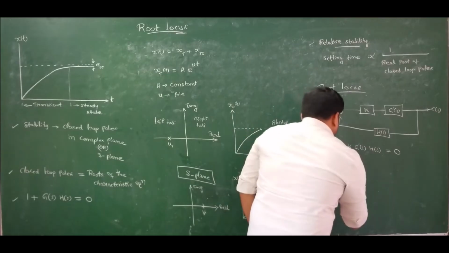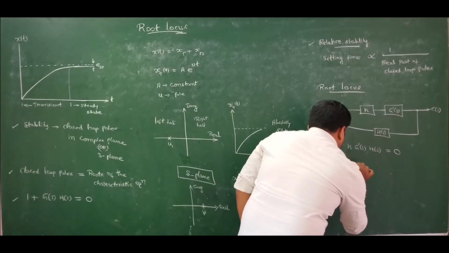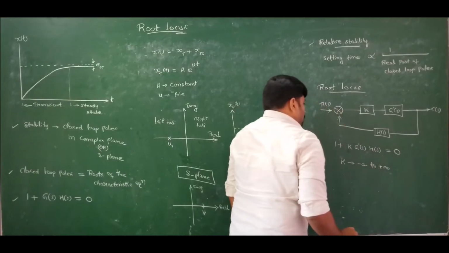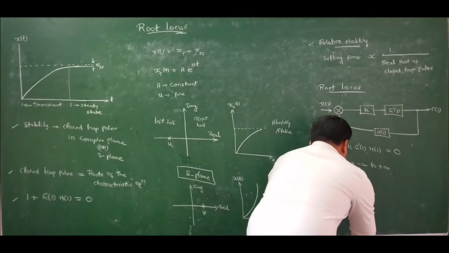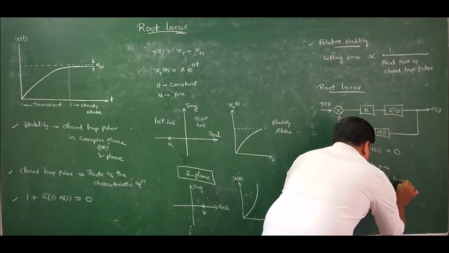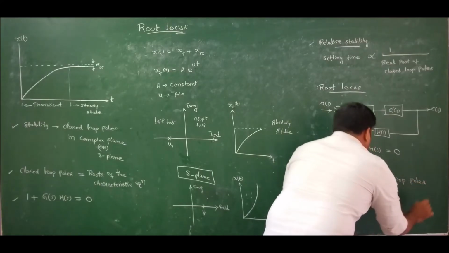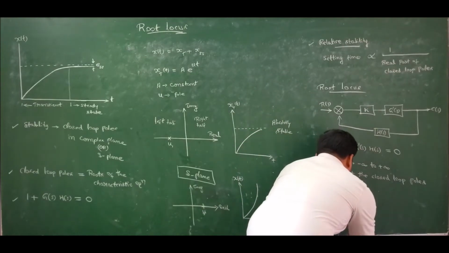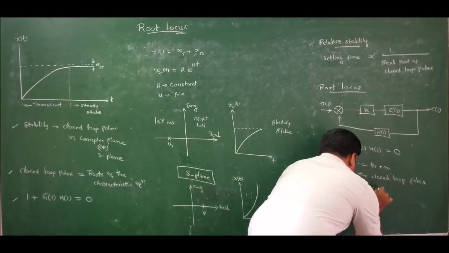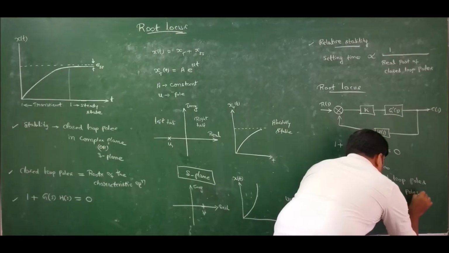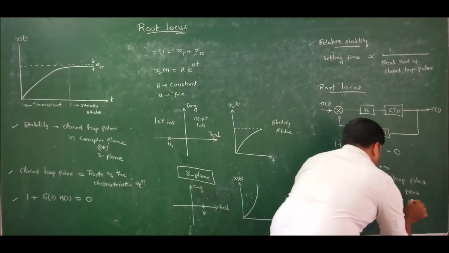So if I vary the parameter k from minus infinity to plus infinity and plot the closed loop poles, which are nothing but roots of this characteristic equation, and connect these poles, I will get a locus.